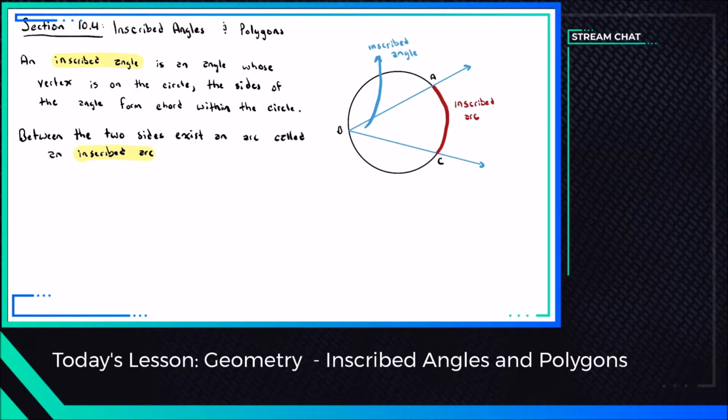And there's one final piece of information we want. The endpoints that lie on the side of the inscribed arc are called subtends.